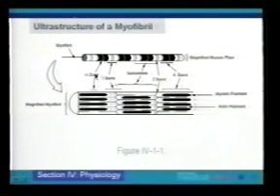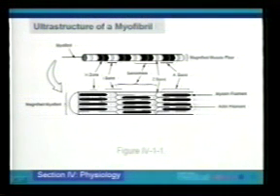Now, the last region of the sarcomere to deal with here is the H zone, sometimes called the H band. The H zone and the H band are really representing the same region. The H band represents that part of the thick filament in which there is no overlap with the thin filament.